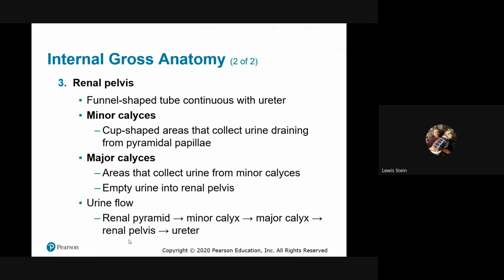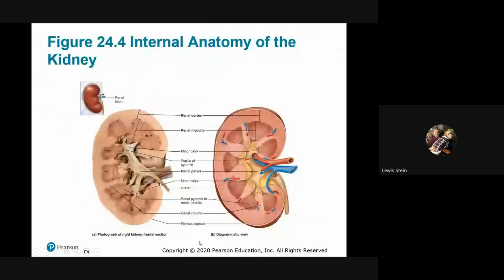This is where we'll have a couple of these flow chart questions, both in repro and in kidney. You're going to see a series of collections. In this case, it's collected at the tip of the pyramid, and flows through a minor calyx, plural is calyces, major calyx to the pelvis, to the ureter, and out to the bladder.